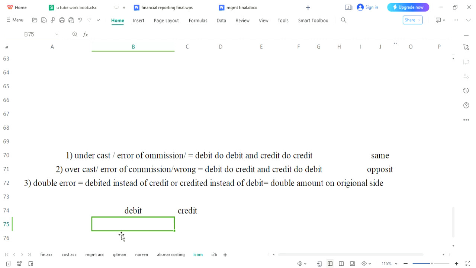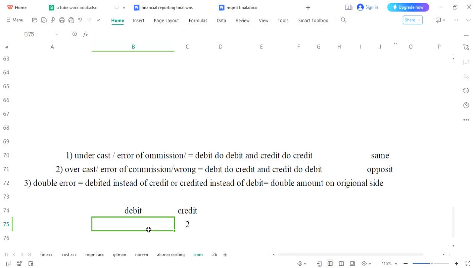But instead of writing the amount on the debit side, you have written that amount, suppose the amount was 2, on the credit side. This is called double error. Again, listen. You were told to write 2 rupees on the debit side. You haven't written it, and you have written that 2 rupees on the opposite side, which is credit. So there are two mistakes you have done.